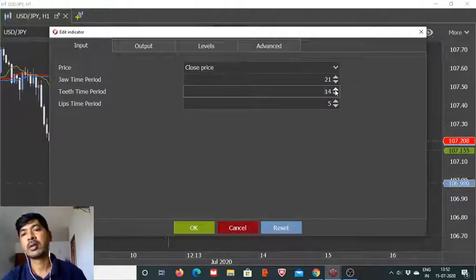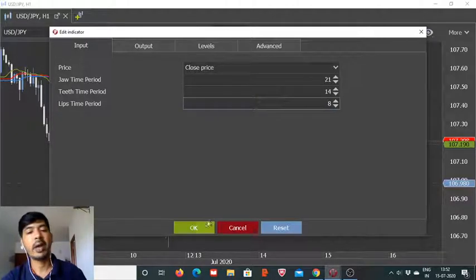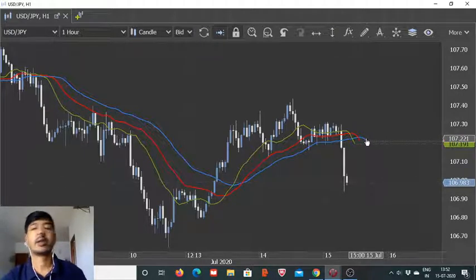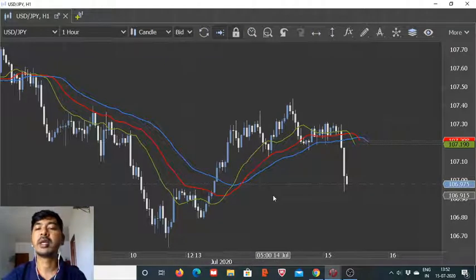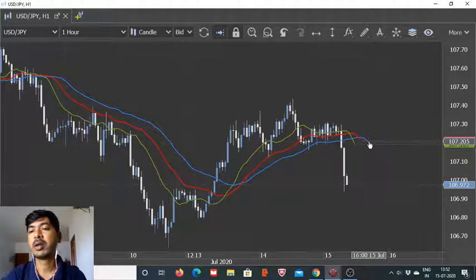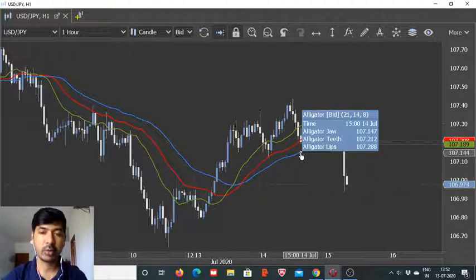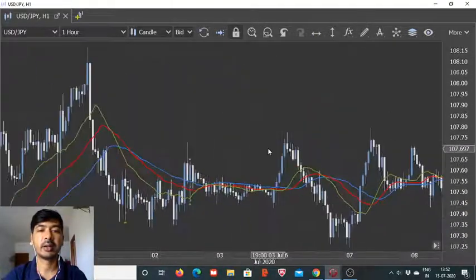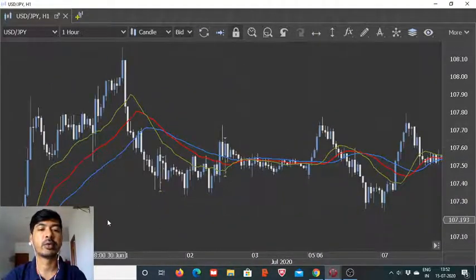Let us simply try this. Earlier the structure for this alligator was different, and now as we have changed the input parameters, the calculations are fairly different. So whichever way you want to use, you can do some experimentation and see which way suits better.